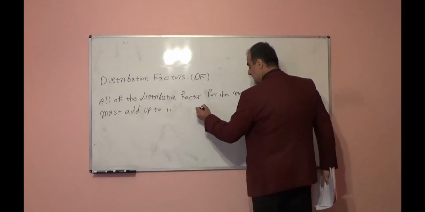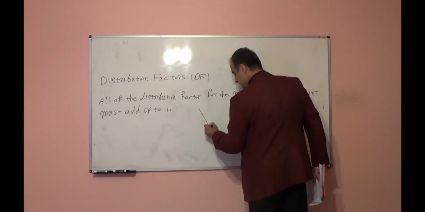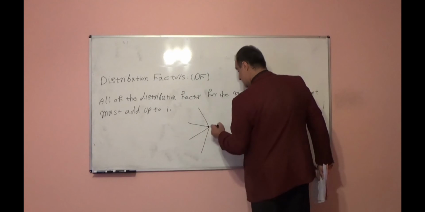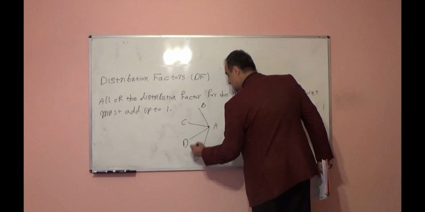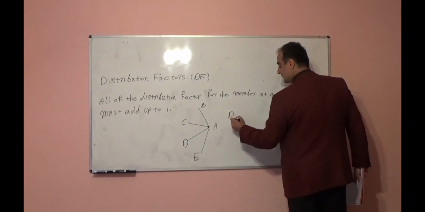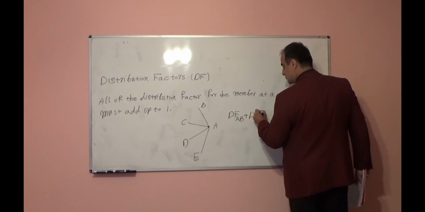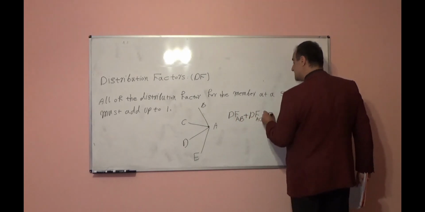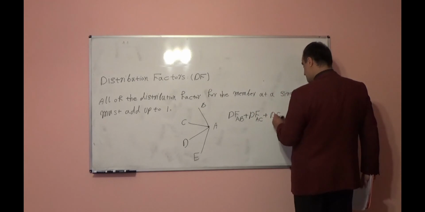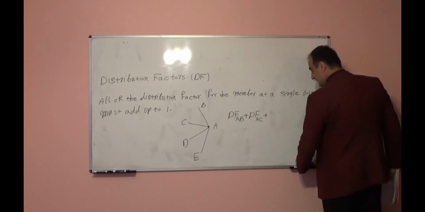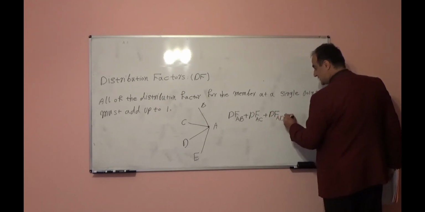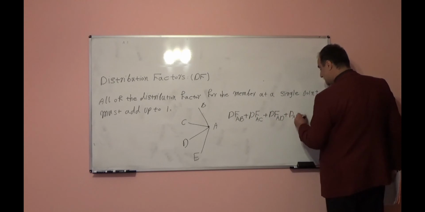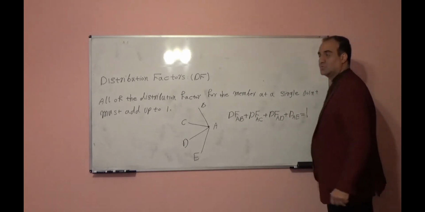So if you have one joint and different members, for example A, B, C, D, E, the distribution factor for member AB plus AC plus AD plus AE should be equal to 1.